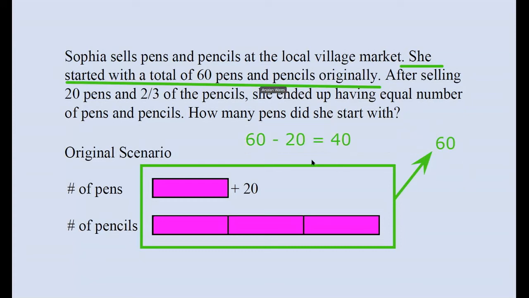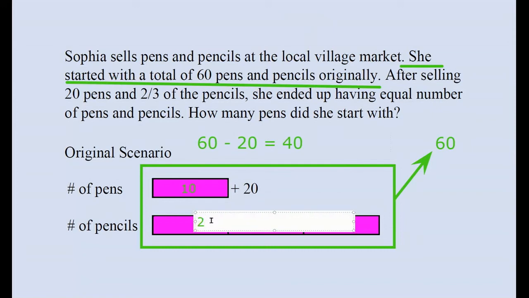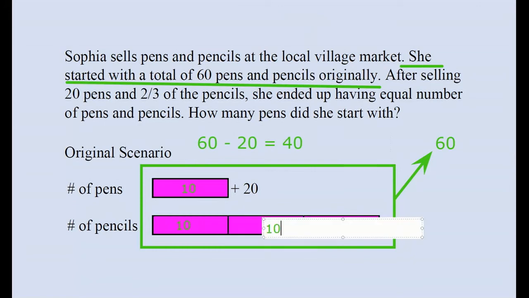If 4 rectangles together are worth 40, each rectangle must be worth 10. And we're going to type it all up. Maybe green wasn't the best choice to be on top of purple, but we'll make do.